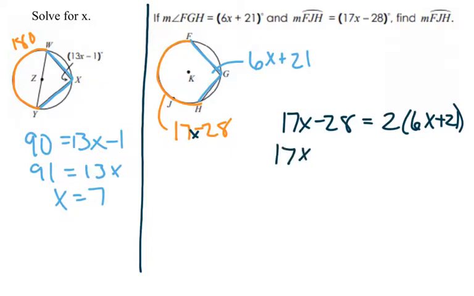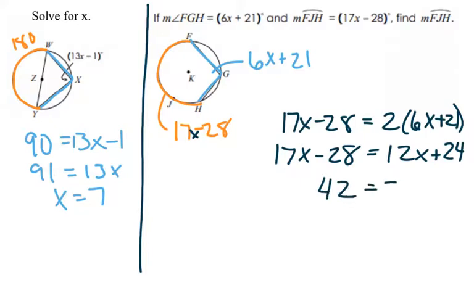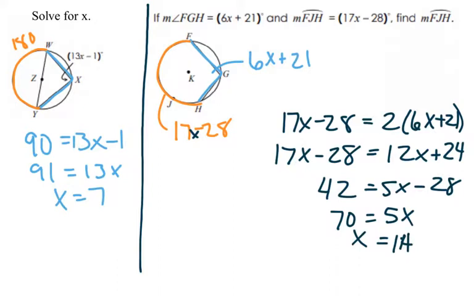So if I distribute the 2, I'm going to get 12x plus 24. I'm going to get my like terms together. I'm going to add 28 to both sides. And I'm going to divide by 5. X equals 14. Okay. But that's not what the question asked.